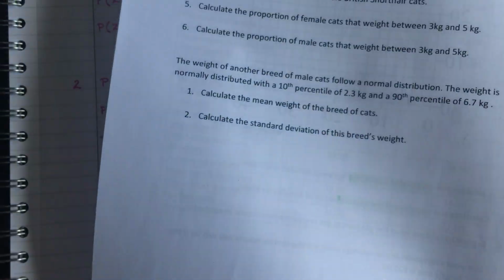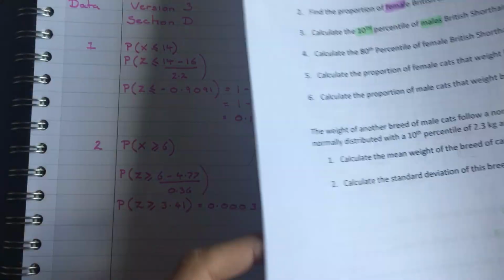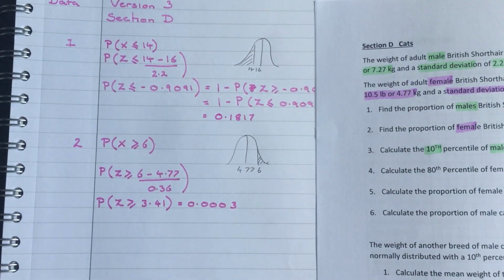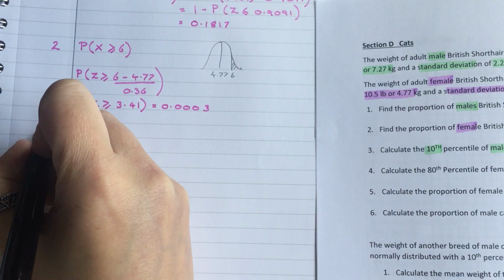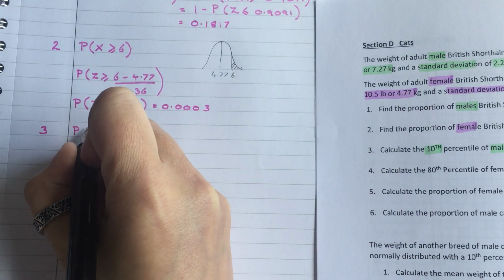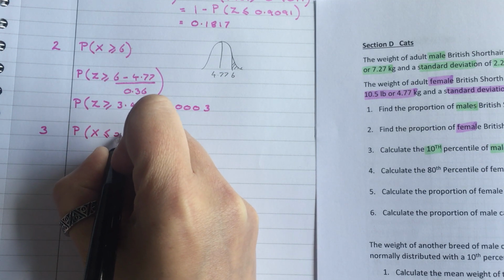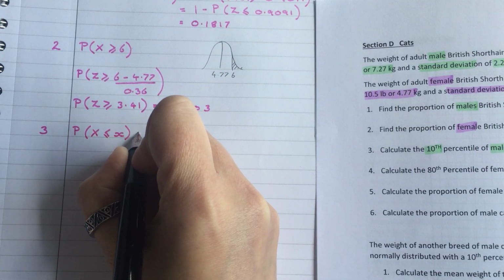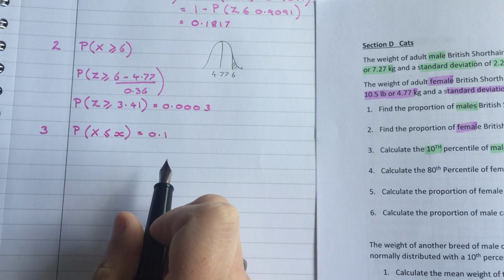So we need to know the probability that X is less than or equal to little x is equal to 0.1, because that's 10%.